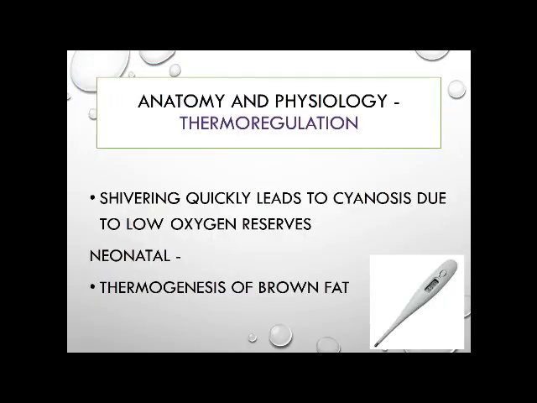When we look at the thermoregulation mechanisms in pediatric patients, especially neonates and infants, they have a difference in terms of their fat or adipose tissue distribution in their body. The neonates usually have about 5% of their body mass in brown fat, and that's mainly distributed towards the back and the upper half of the spine and around the shoulders.